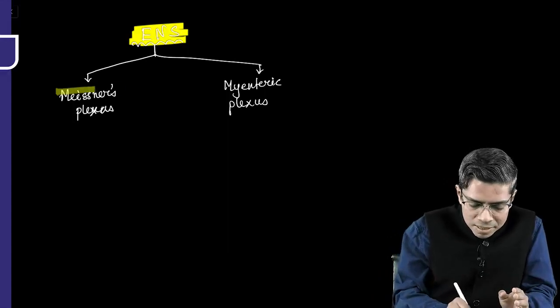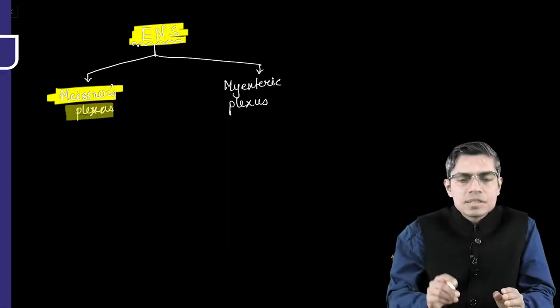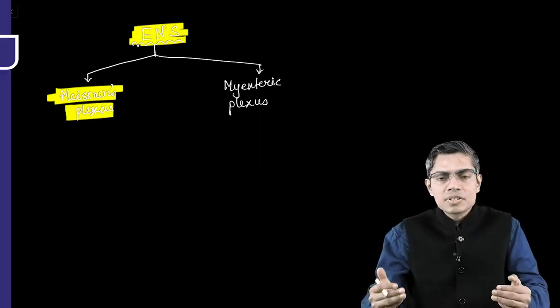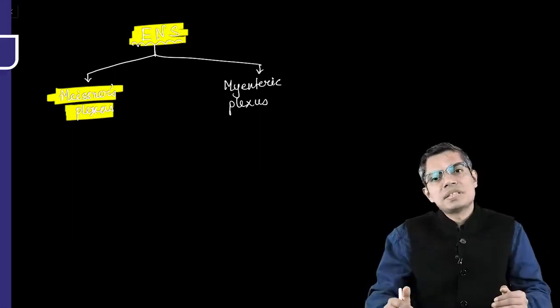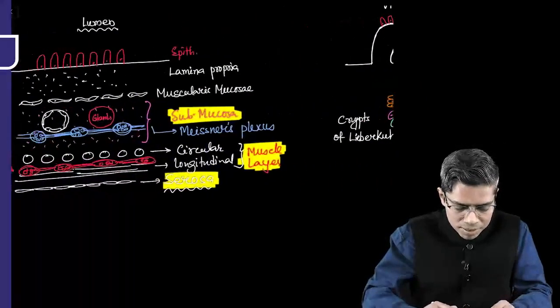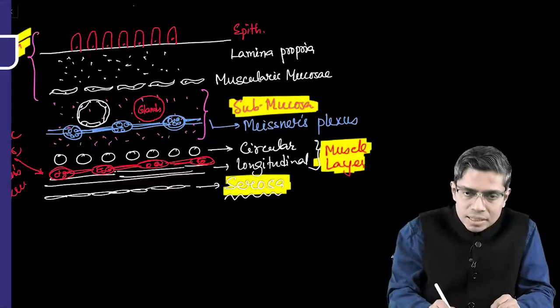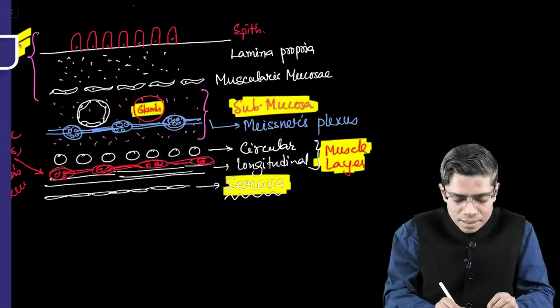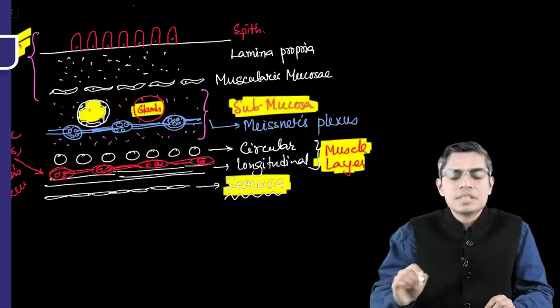So Meissner's plexus, I told you that this is located at the layer of submucosa. If I ask you what are the main functions of this Meissner's plexus, look at this diagram. At the level of submucosal layer, there are big glands of the GIT and there are big blood vessels of the GIT.